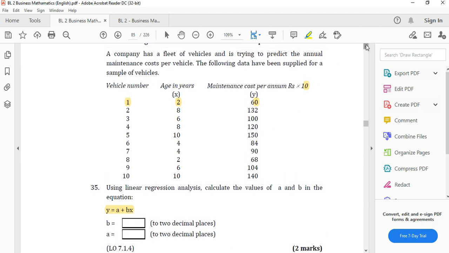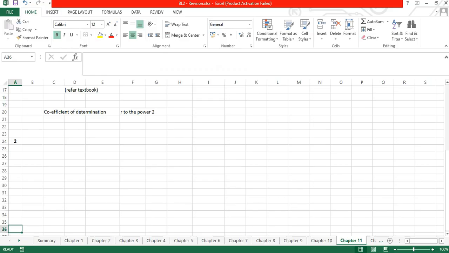So first of all, we have some equation formats to follow when fitting a regression analysis.